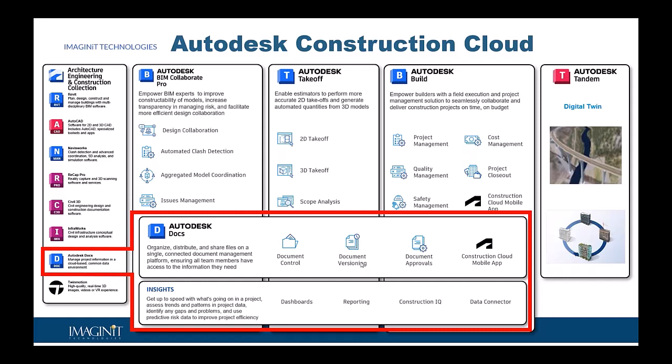Wouldn't it be nice to actually be able to see all those versions, when they were saved, who saved it, and with a button click get that information back and make it the latest version? We'll talk about that and show that a little more as we get into here.